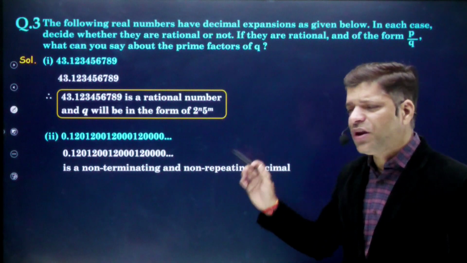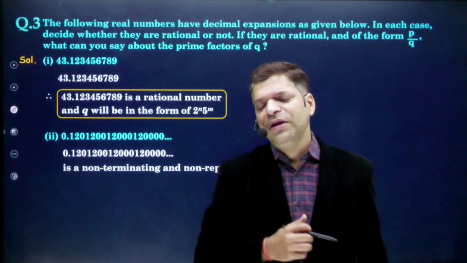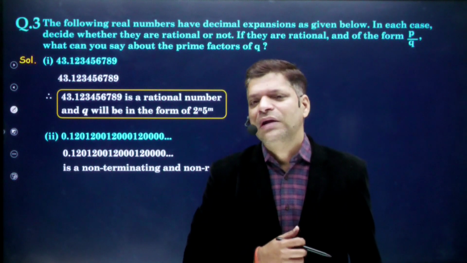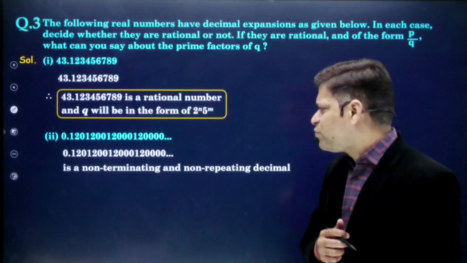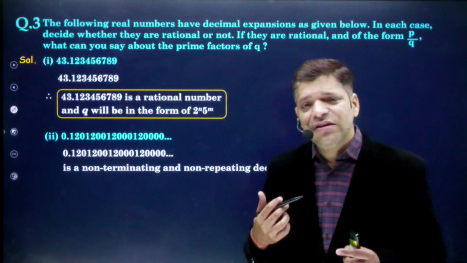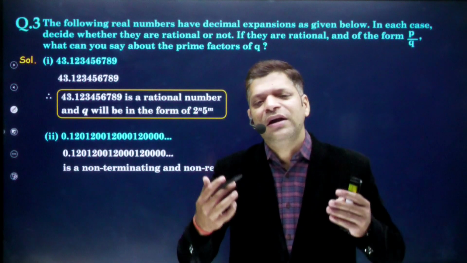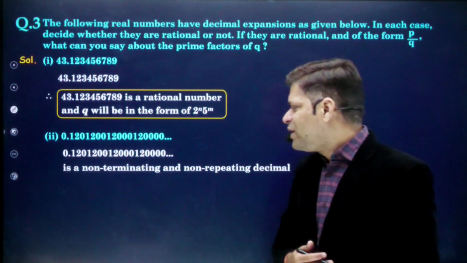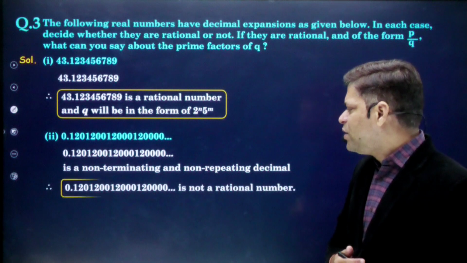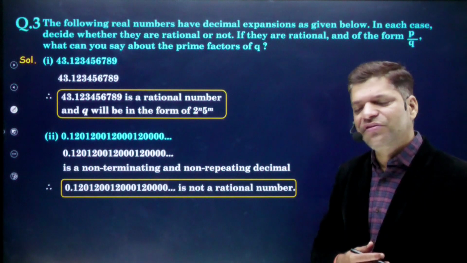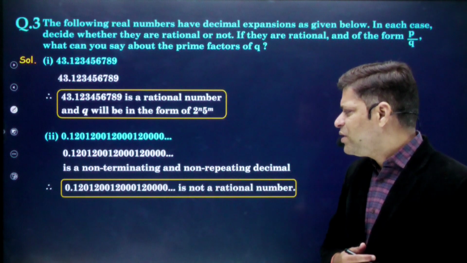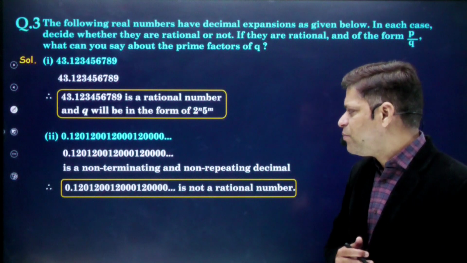So it is non-terminating and non-repeating. When a decimal expansion is non-terminating and non-repeating, it is not a rational number, it is an irrational number.